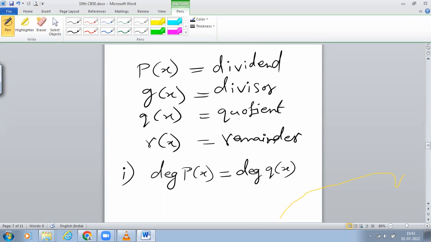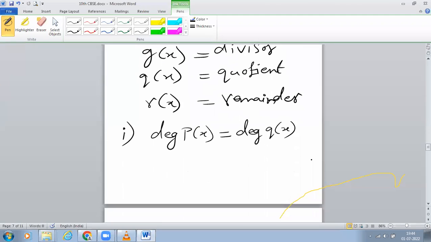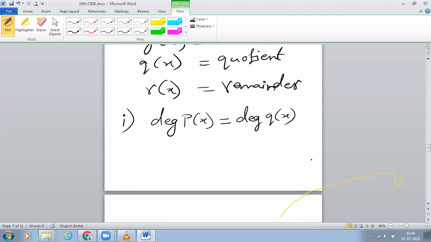Now, listen, whenever you are asked to write an example for polynomials where the degree of p of x is equal to the degree of q of x, remember, p of x is the dividend and q of x is the quotient. If you want to form such polynomials, the simple thing is you can first write a polynomial p of x of degree 2 or 3, it is up to you.